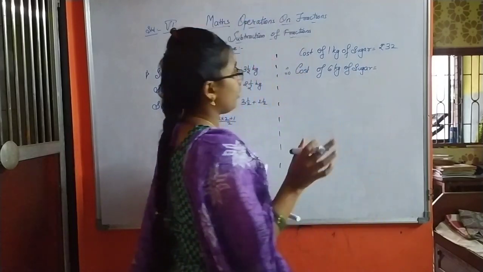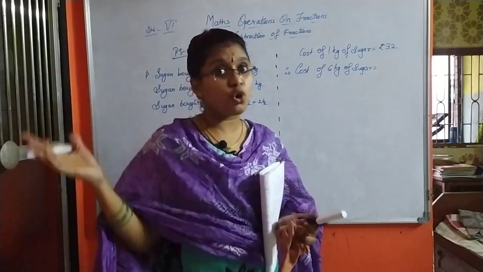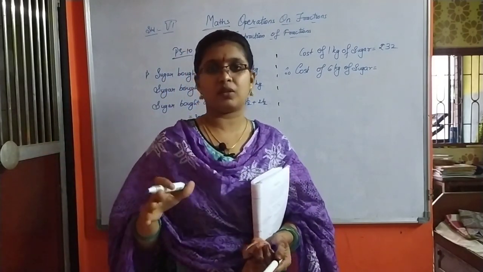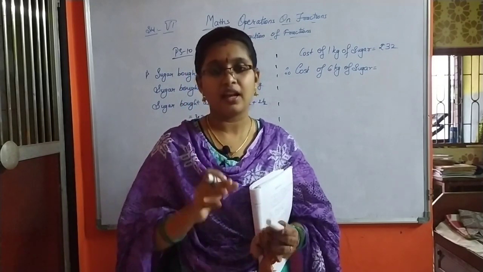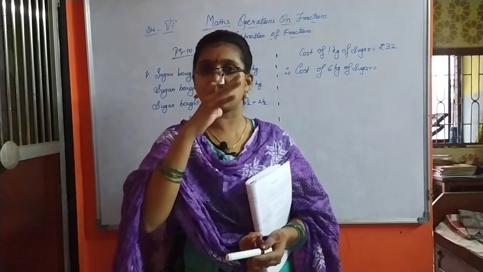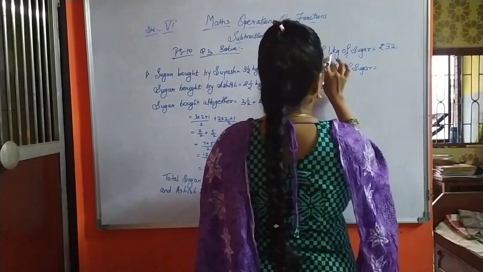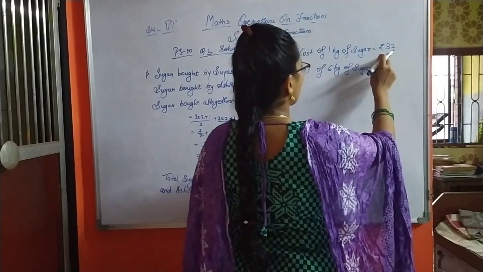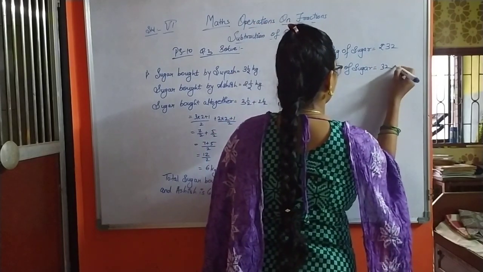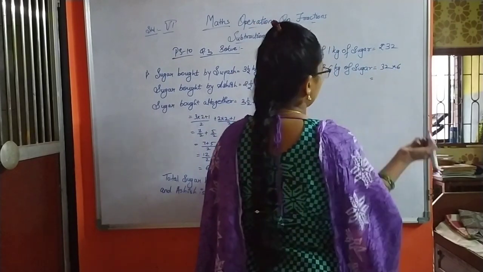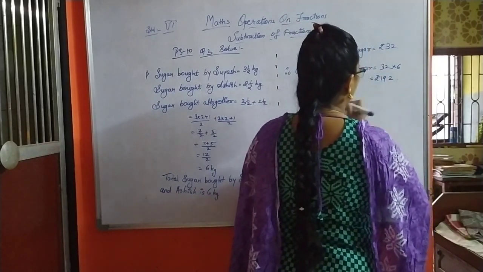Always remember, when you are given the value of any one item or one quantity and so much quantity is asked, just multiply. If you are given the cost or information of one thing and you are asked of many things, just multiply it. So 1 kg is given, sugar cost is 32. For 6 kg, how much? It is 32 into 6, 192 rupees.